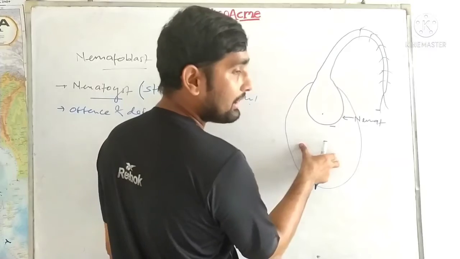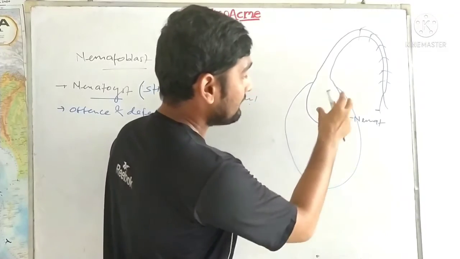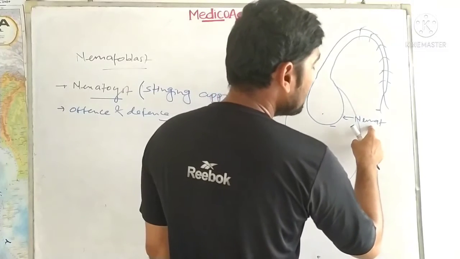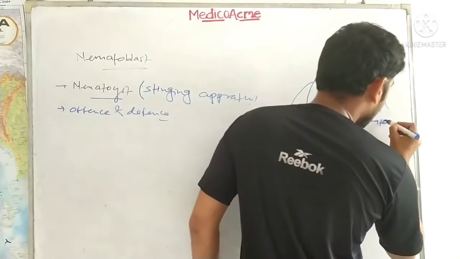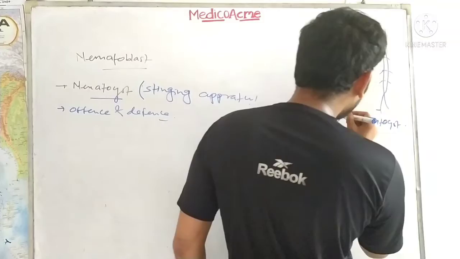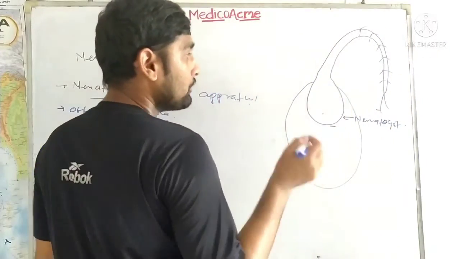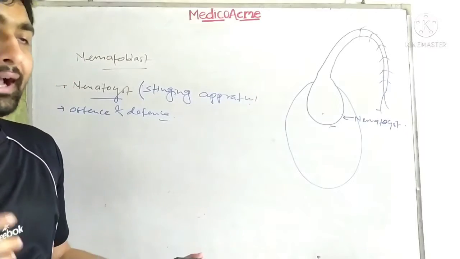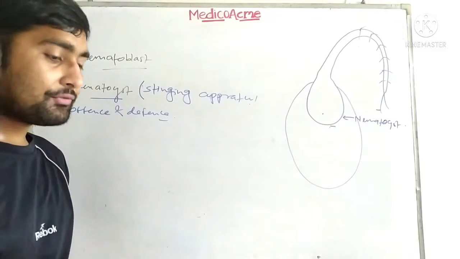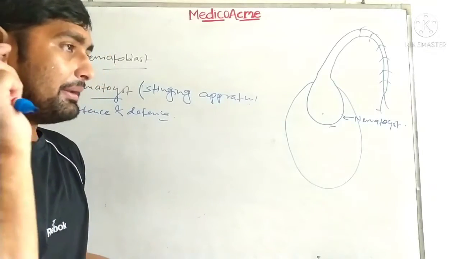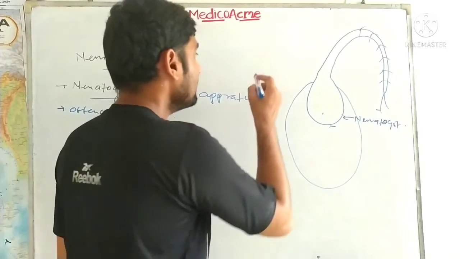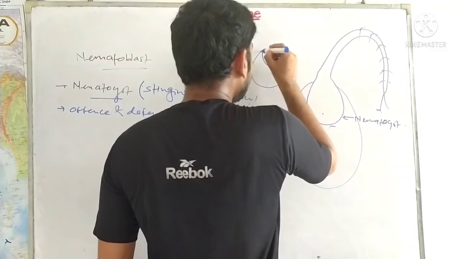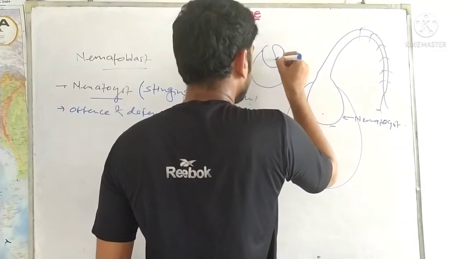It is the main body part, or you can say the main cell body, and in the cell body there is the embedded nematocyst. The nematocyst is the stinging apparatus, as you can see. When it is in the non-everted form, I mean the non-penetrating phase, it will be like this.